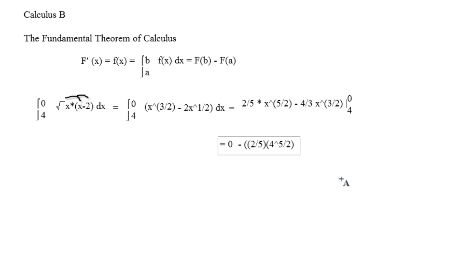Now when you're doing these actual things, you do have to follow the grouping symbols like no other. And then we have 4/3 times 4 to the 3/2). Okay, and this is going to turn into negative 32/15. Okay, and that's okay to have a negative like that.